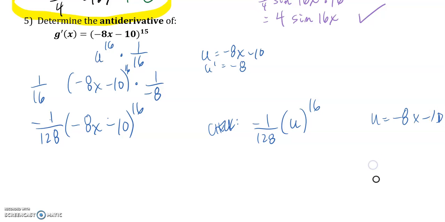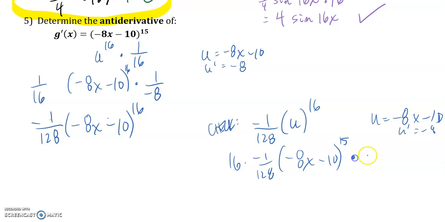Then the derivative is 16 times negative 1 over 128. Replace the u, since I'm done with it. Reduce the exponent, and multiply by u prime.